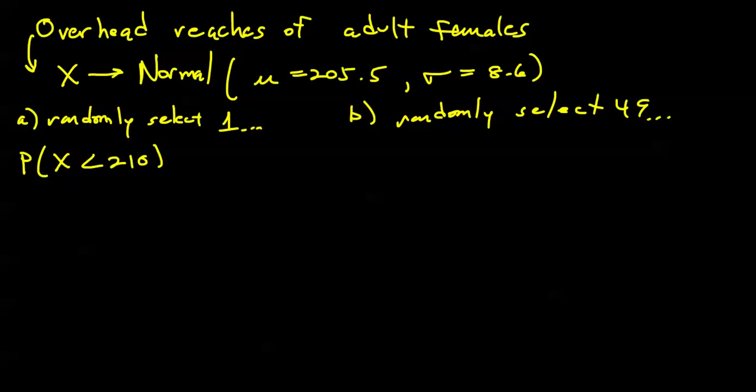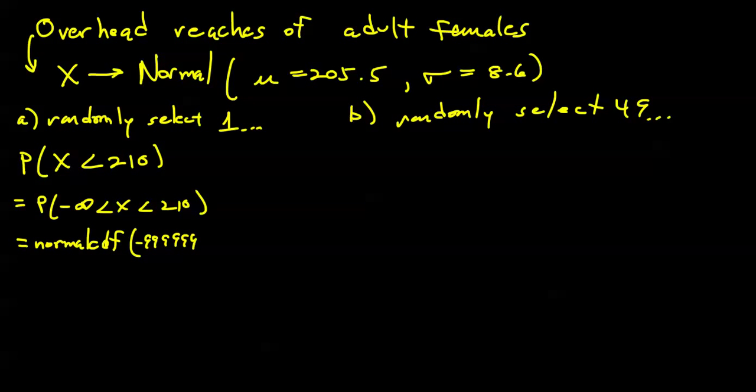Well, of course, I'll grind this out with techniques I used in section 6.2. This is really the probability that X is between negative infinity and 210. As you may recall from section 6.2, we'll use our normal CDF operator, and I'll use minus 9999999 as an approximation of negative infinity. My right bound here will be 210.